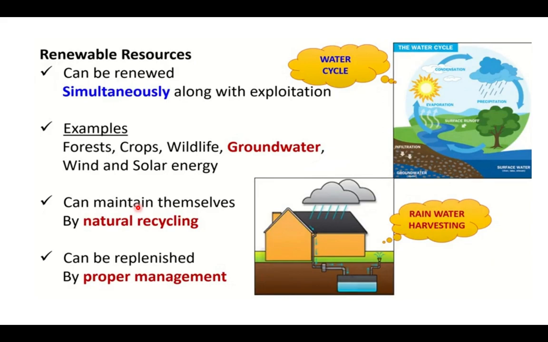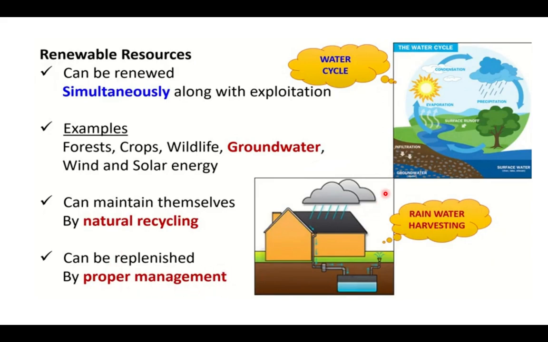These can maintain themselves by natural recycling. So the recycling process can be done naturally and resources can be renewed. They can be replenished by proper management. If the renewable resources have to be replenished, that should be done by proper management.